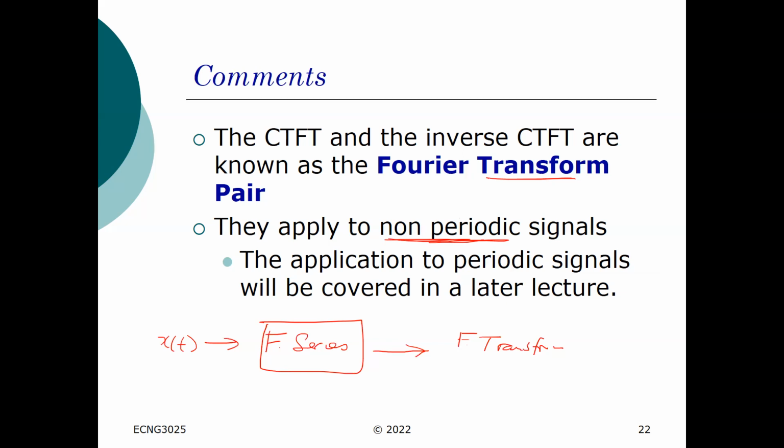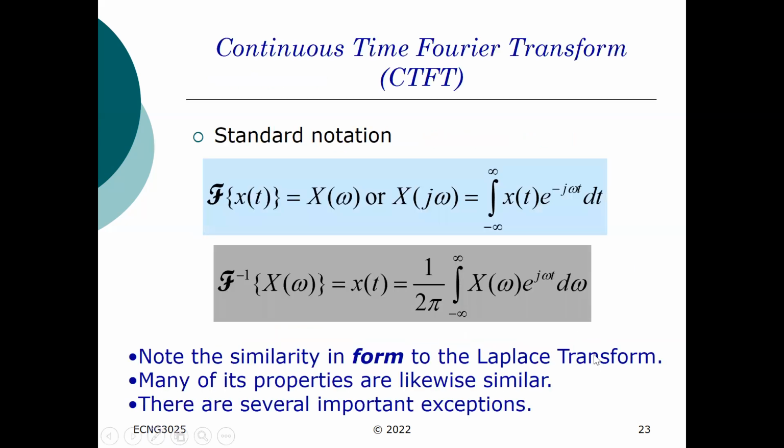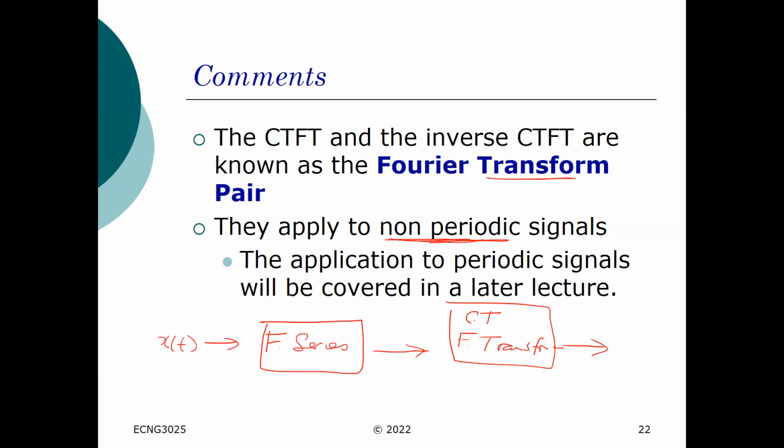And in fact, the correct version of this is the continuous time Fourier transform. Okay? And then after this, we're going to look and see how to go forward here. So we've started this sort of evolution, if you like.